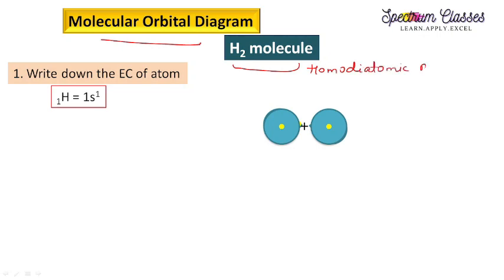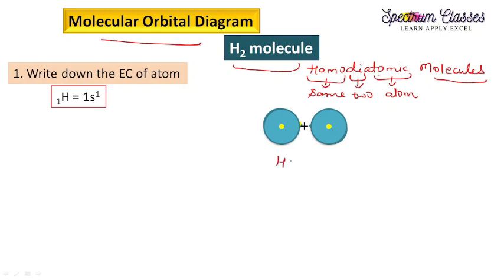Homodiatomic molecules. So what is written over here? First we must know the meaning of this. Homo means same. Di means two. Atoms, when combined together to form a molecule, are known as homodiatomic.